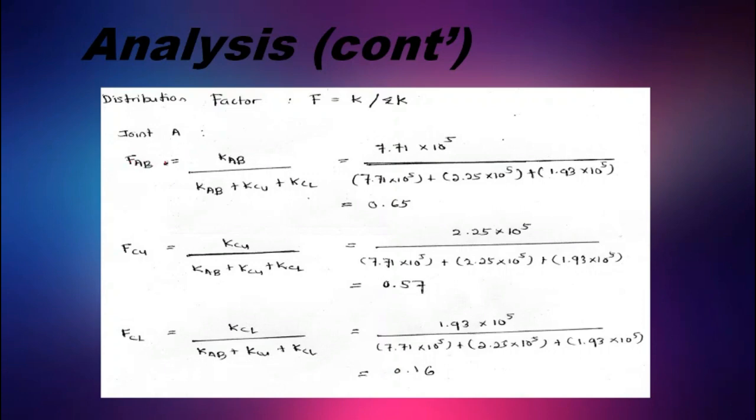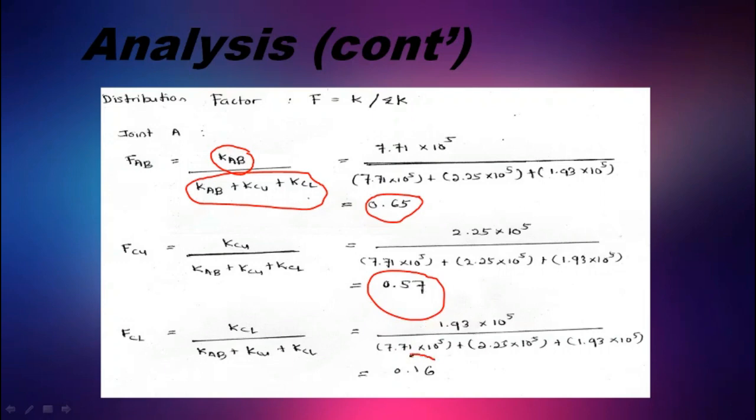So, for example, member AB, which is beam AB, will be divided by the sum of the stiffness of all members in the joint, which is beam AB, the upper column, and the lower column. Using this formula, we will be able to get the distribution factor for AB, the upper column, as well as the lower column for joint A.